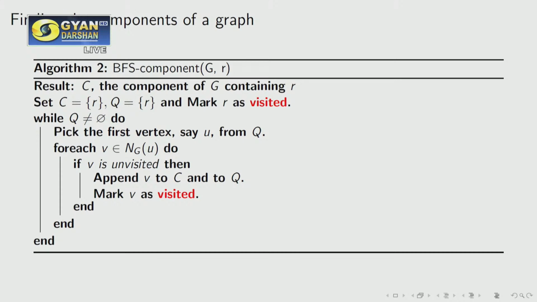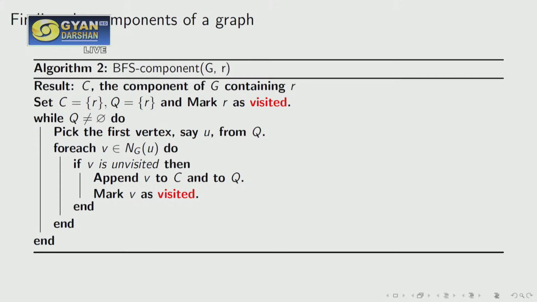Reachable means there is a path from the root to every other vertex. Because of the definition of component, no matter what root you choose, you will always find the same component. This is one of the uniquenesses of the BFS component algorithm that we are going to discuss.